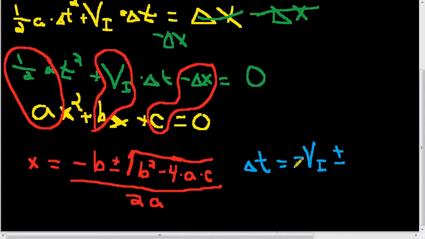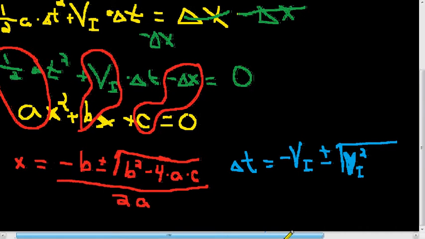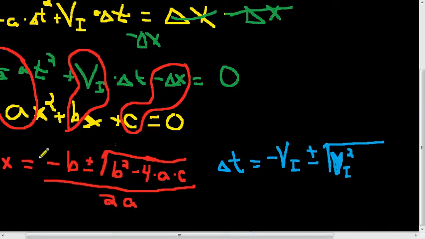the square root of b squared. Our b, once again, is no longer b, it is vi. So we have vi squared. Let's see if we can exaggerate a little bit to make it look more like a v. Minus 4. What was our a?